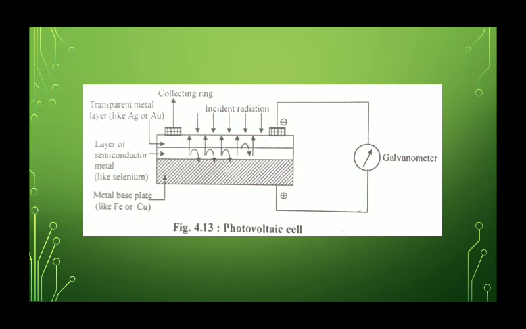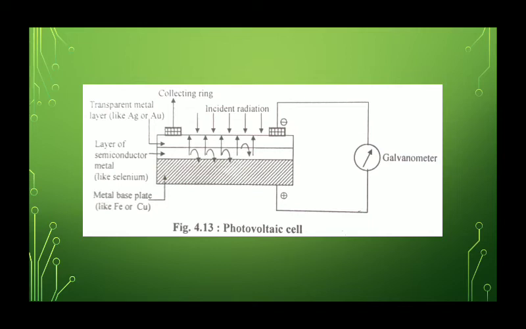This is a simple photovoltaic cell. It consists of a metal base plate made of iron or copper. This is the metal base plate which acts as one electrode.